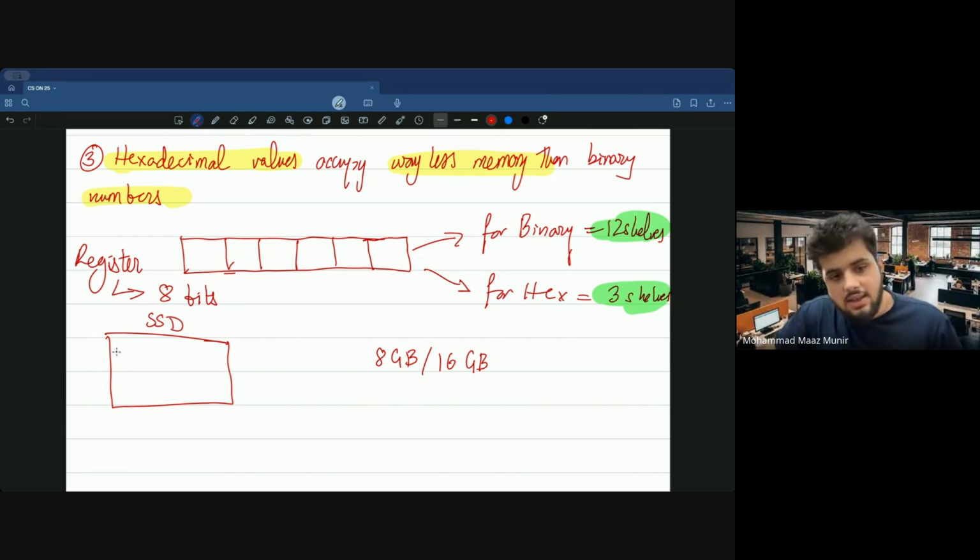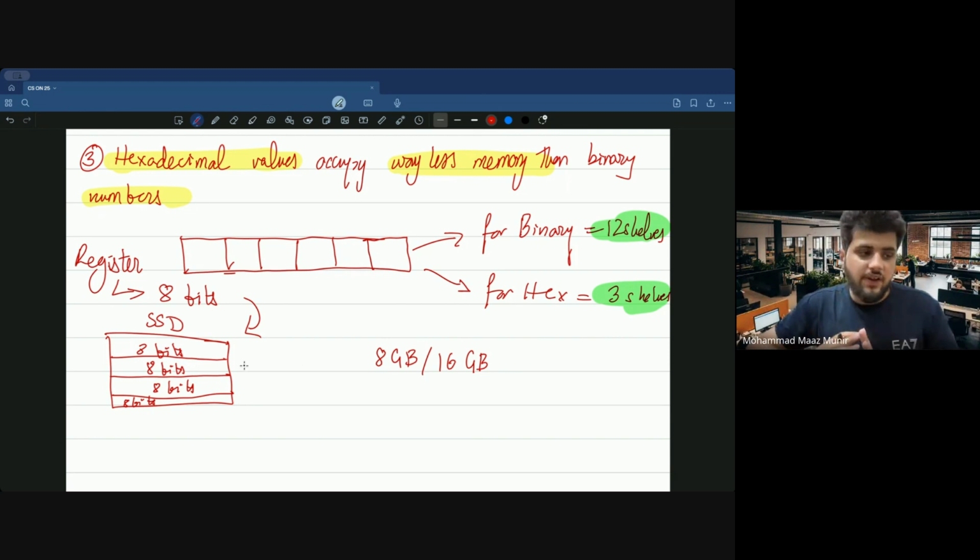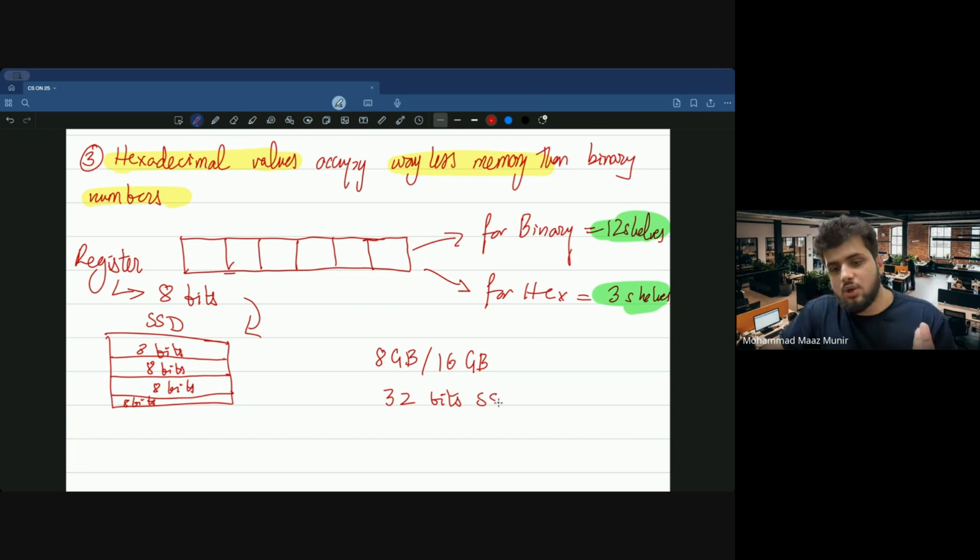In that I have 4 registers, 1, 2, 3, 4, and all these 4 registers are of 8 bits. This means I can put 8 bits here, 8 bits here, 8 bits here, and 8 bits here. Once this exhausts, there will be no more storage. If I add up, I have a 32 bit SSD, just for your own example.